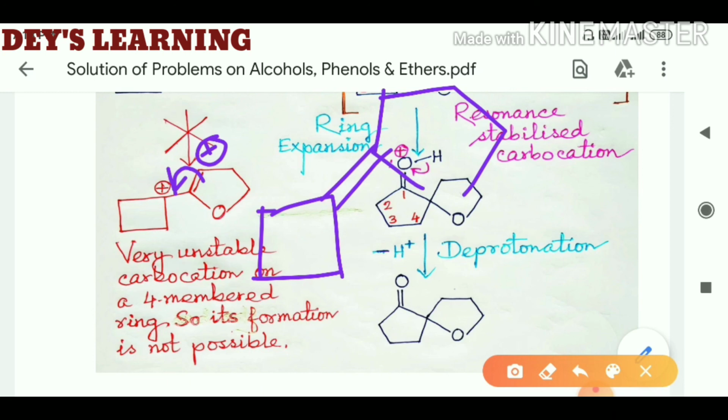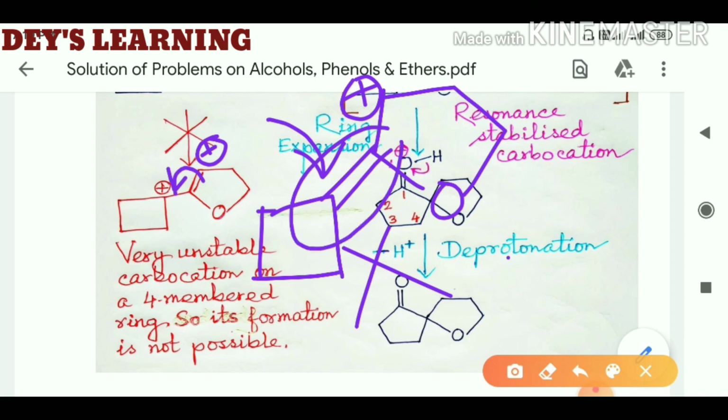This type of intermediate will be formed, but there is no resonance stability, because here this carbon again becomes sp2 hybridized, and this is the exocyclic double bond of a 4-membered ring. At first look you can think about this type of resonance stability, but actually this resonance is almost impossible, because this system is very, very, very unstable.